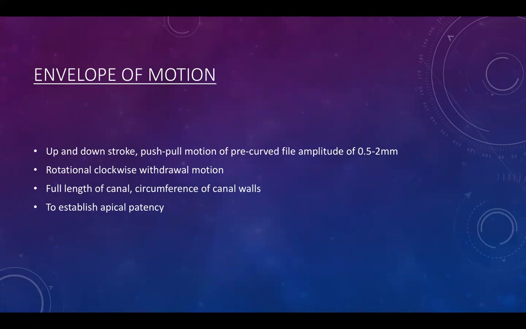This is used to establish apical patency. This is actually one of the most important techniques in establishing proper apical patency. Smaller files such as the 10, 15, or 20 are typically used to go beyond the curvature. The bigger files are more for straight canals or the straight aspect of the curved canal.